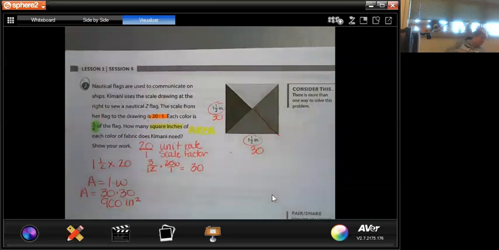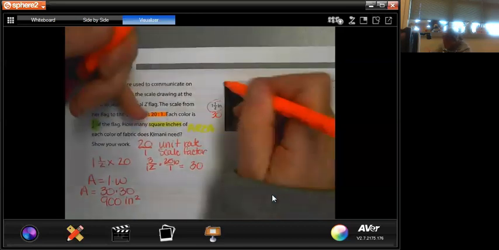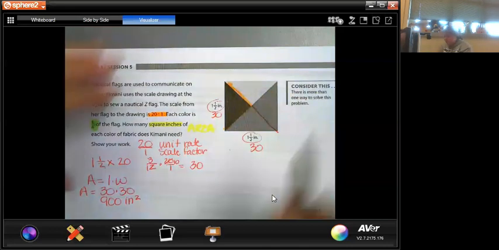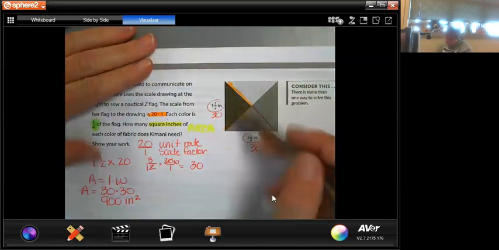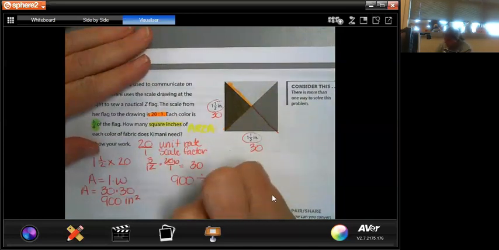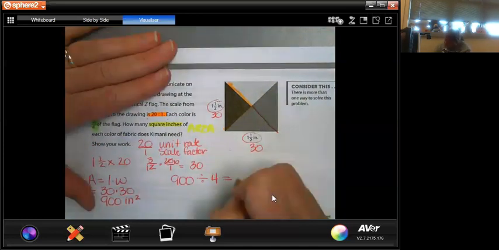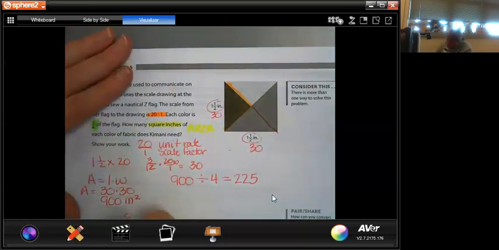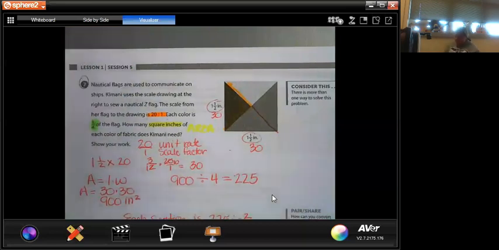But what we need to find out is what one of these sections is. We know that each one is 1/4, so we take the total area and divide it by 4, and it comes out to be 225. So each section is 225 inches squared.